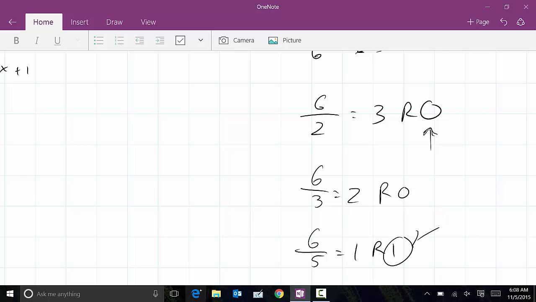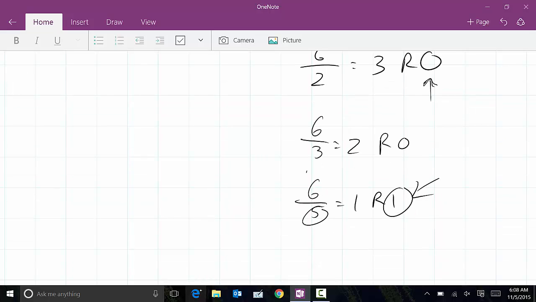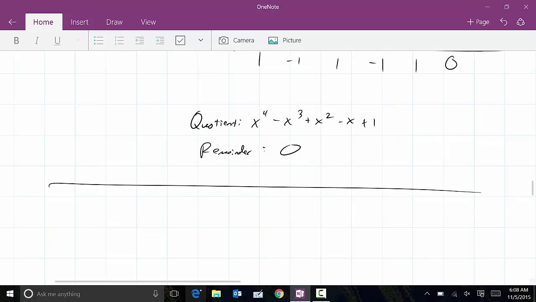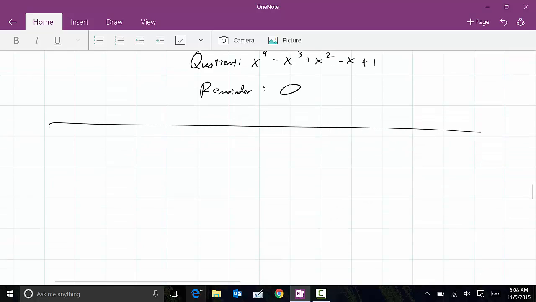You're going to get a remainder that's not 0 when the divisor is not a factor of the dividend. So just keep that in mind. It's the same kind of thing that we're finding here. So we know that when the remainder is 0, the divisor is a factor.